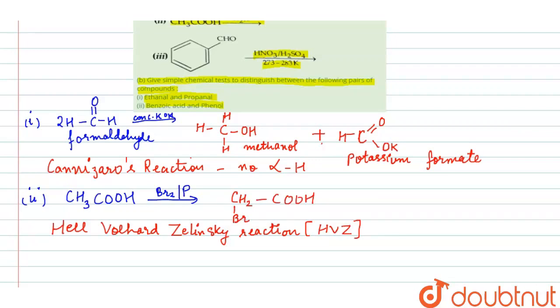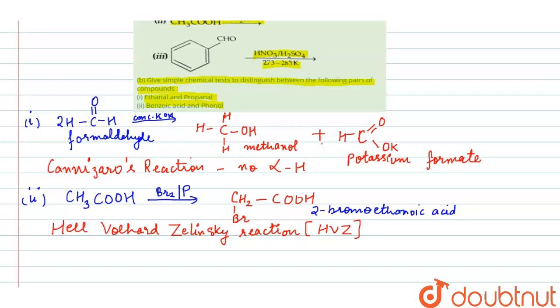We'll name the compound. This will be 2-bromoethanoic acid. This is the alpha bromination of the carboxylic acid.